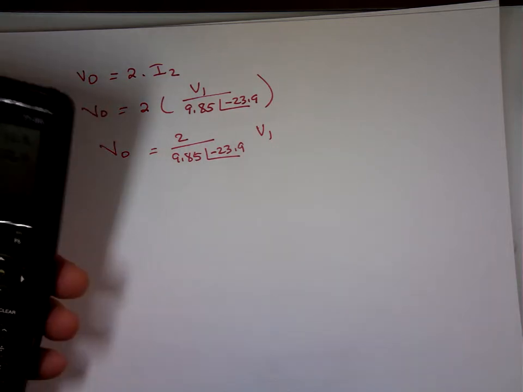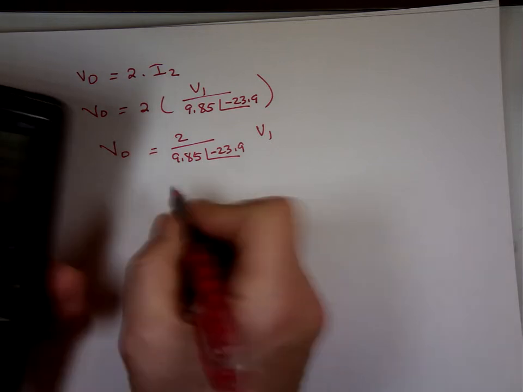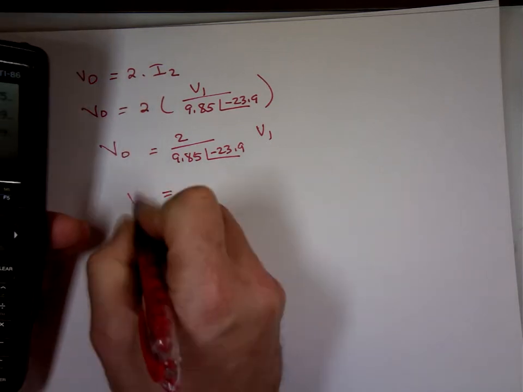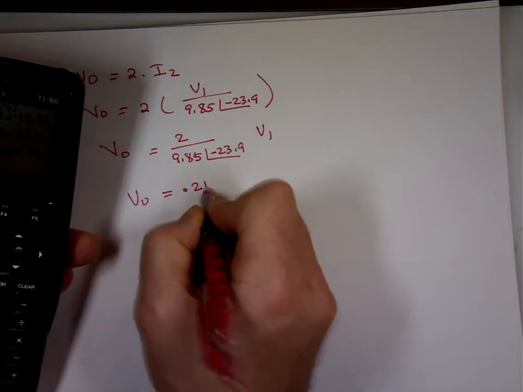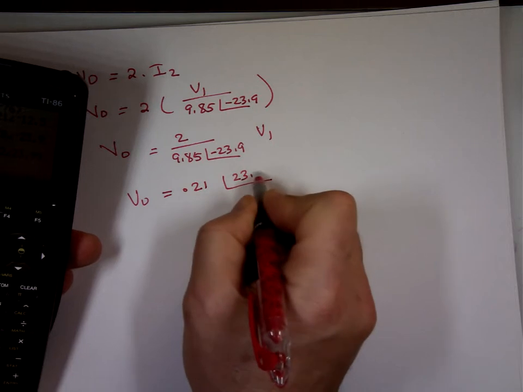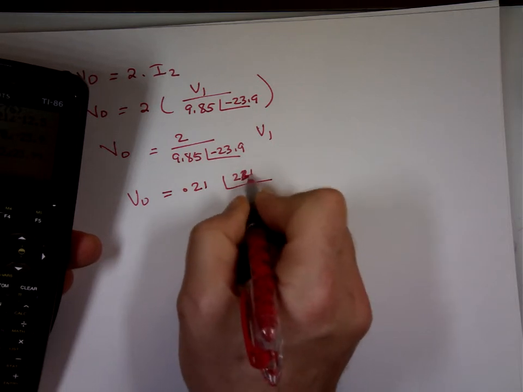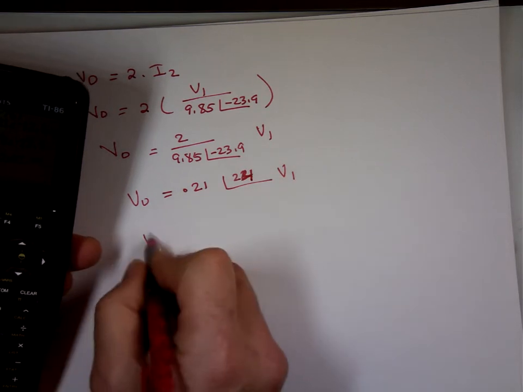Two divided by that number is 0.2122, rounding, angle 23.9, about 24 degrees almost. What's V out over V1?